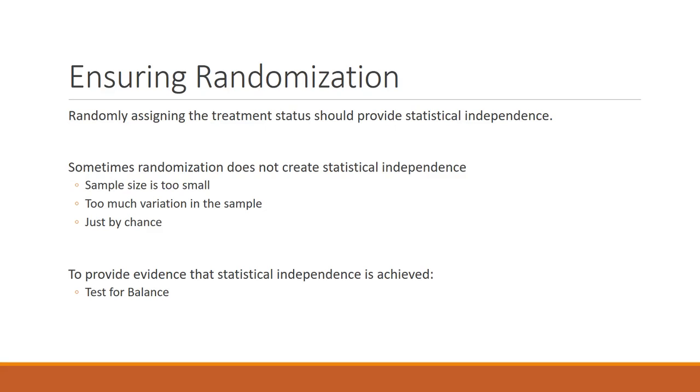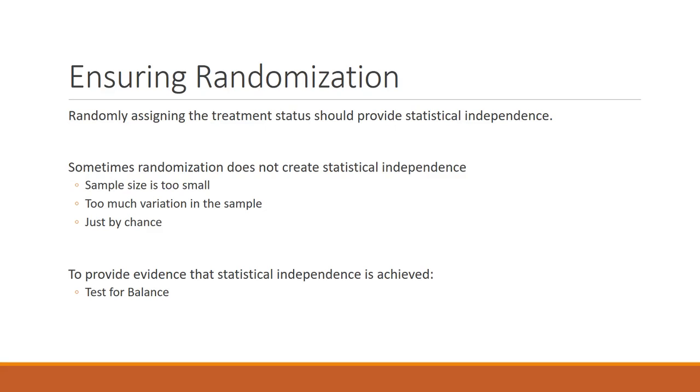And in practice, randomization might not always create statistical independence because we may not always have really big sample sizes. So basically what's going on here is that just by randomizing, we don't necessarily know whether or not statistical independence is achieved.